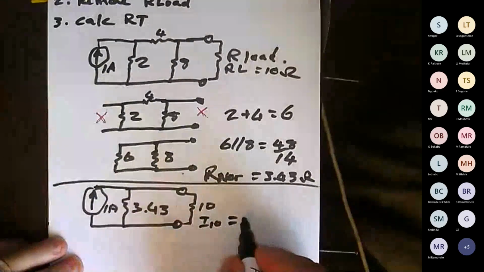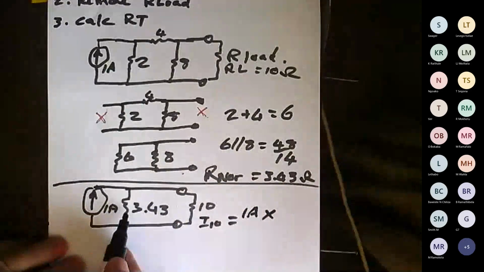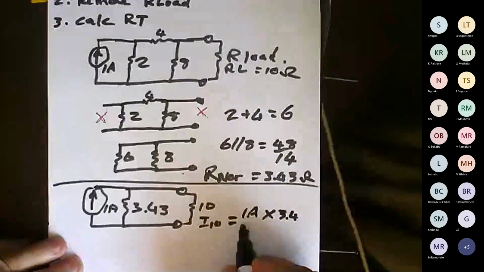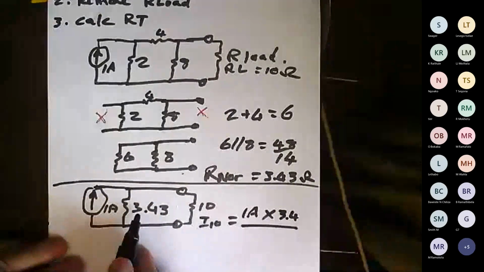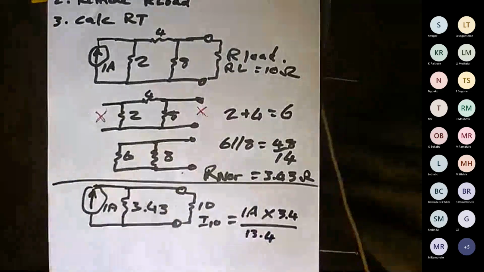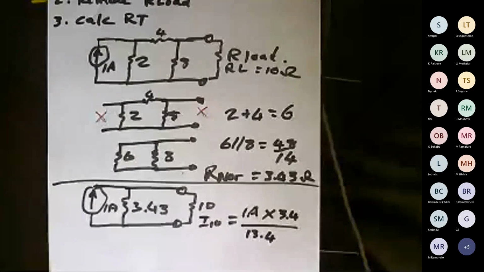So it's 1 ampere times this one, 3.43, divided by that one plus that one. So 10 plus 3.4, 13.4, divided by 13.4. So it's basically then 3.4 divided by 13.4. And that is 0.254 ampere.